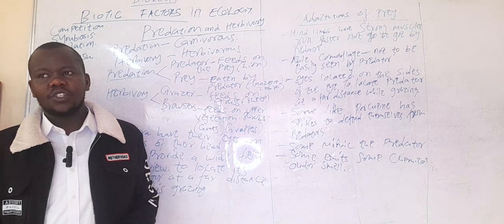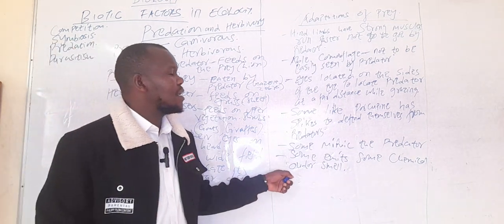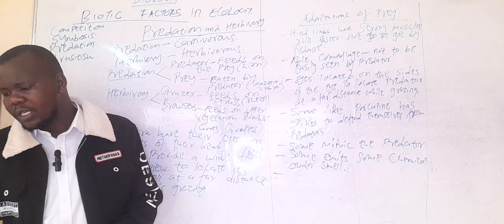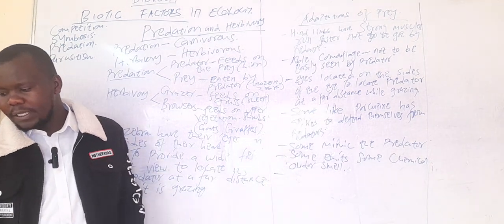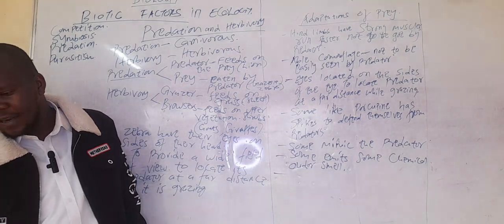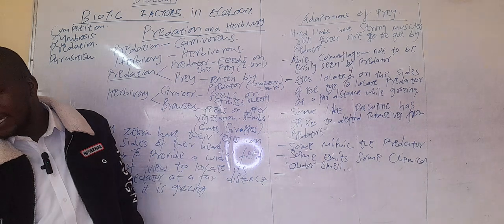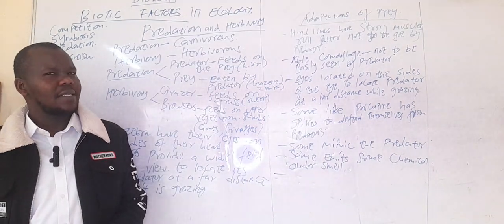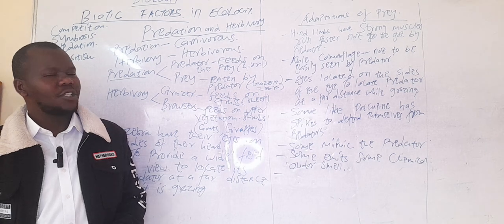It will chase those predators. Then from that point, some have weather vision, they can run faster, they can camouflage, they can mimic. Then we're speaking about adaptations of the prey.